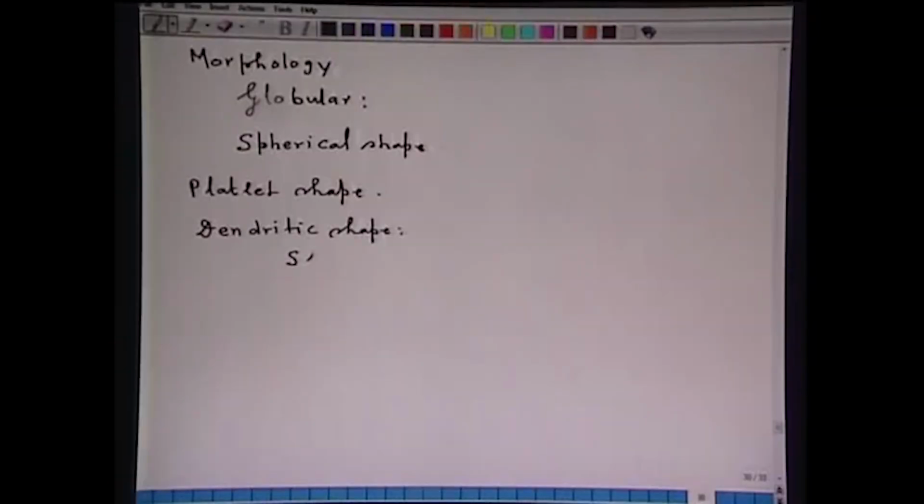So for dendritic shape, I just put a few words here, that is they have sharp edges and corners of dendrites, they may cause local concentration of stress, and as a result they affect the so called mechanical properties like ductility, like toughness and fatigue properties.